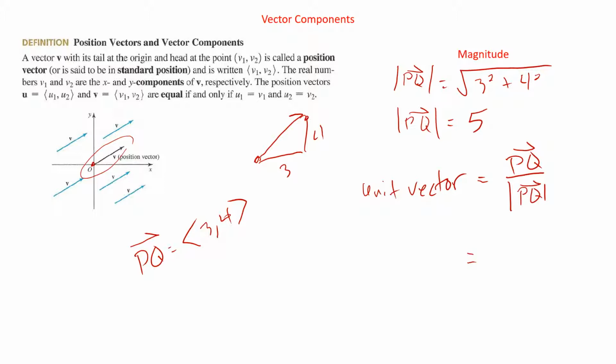So in our case, we have 3, 4 divided by 5, which is 3/5, 4/5. And that's going to be in the same exact direction. It'll overlap part of it, but the length of it will be 1. And this is nice to know, because this unit vector is a direction now, and we could multiply it by whatever length we would need it to be.